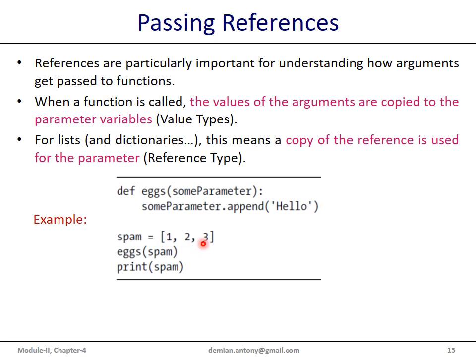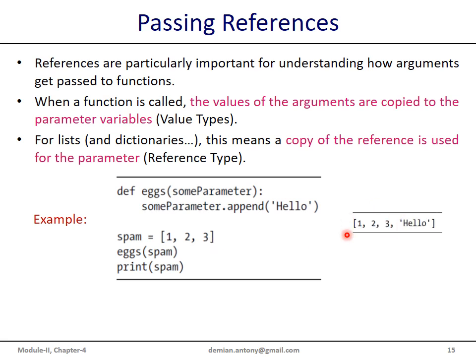Thus, now we have two references. One is spam and the other is some parameter. And now in the function, we modify the list through the second reference, that is some parameter. And if you print spam, we get the modified list, that is 1 2 3 followed by hello. If you print spam again, you get the new list with 4 elements: 1 2 3 and hello.